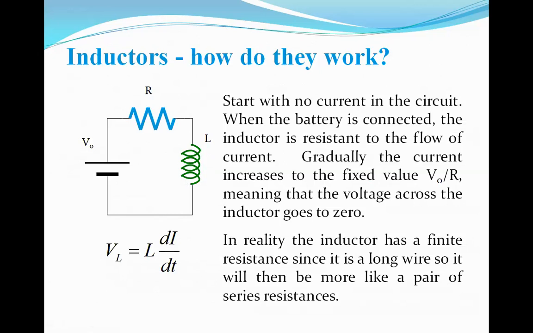So according to Faraday's law of electromagnetic induction, the total EMF is equal to the negative rate of change of magnetic flux. It means EMF is equal to minus d phi by dt.